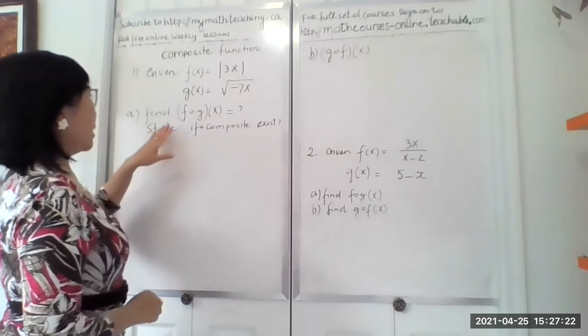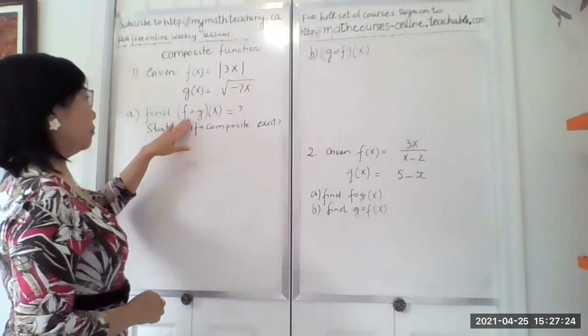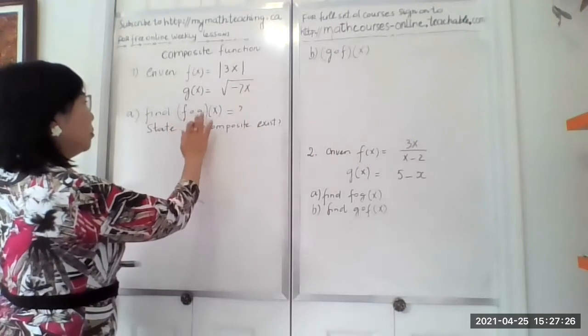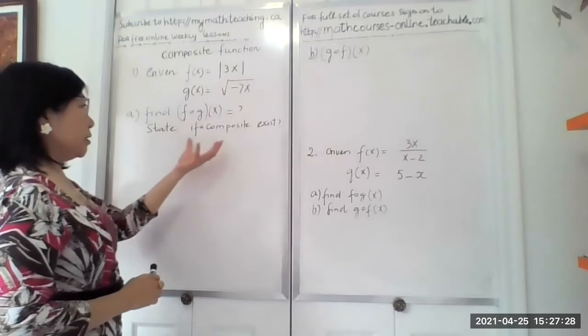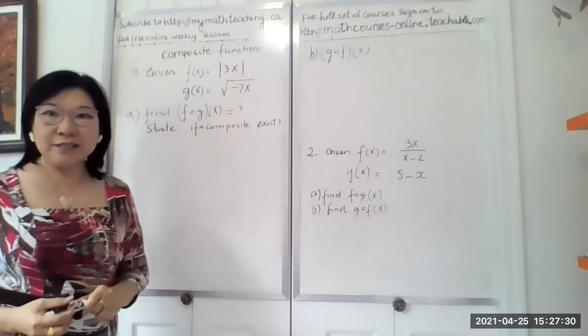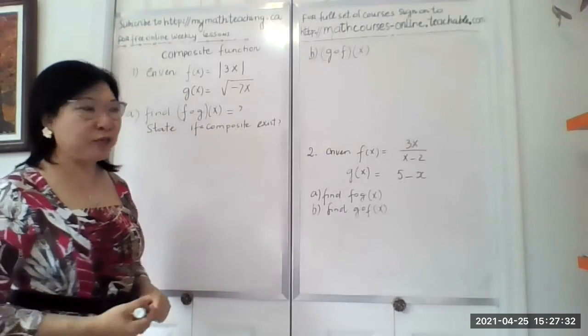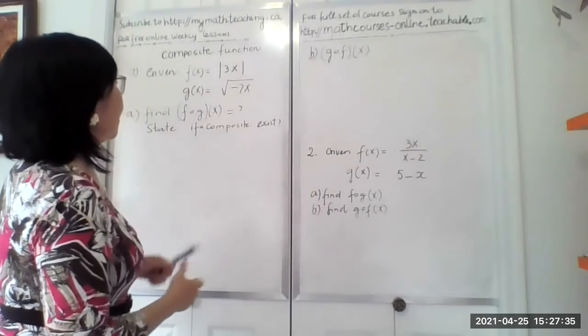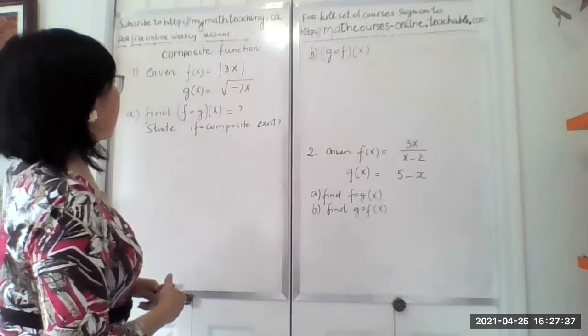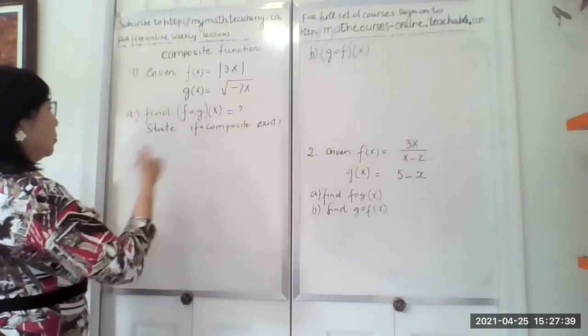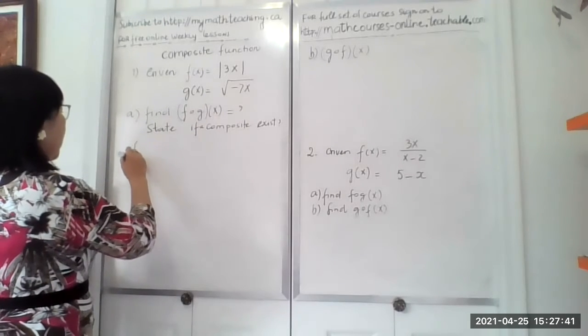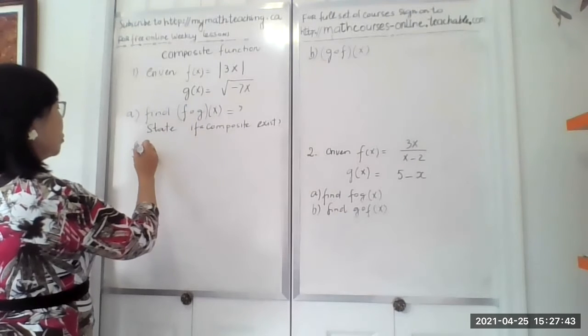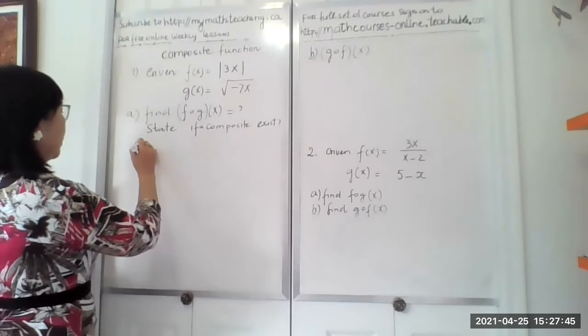For letter A, it asks to find the composite function f of g of x and state if a composite exists or not, and of course explain the reason. So let's first identify which is the outer function and which is the inner function.